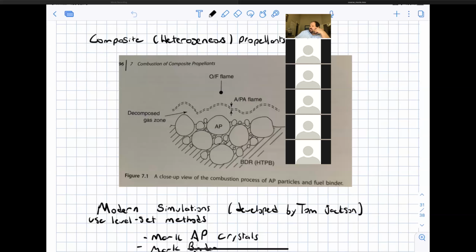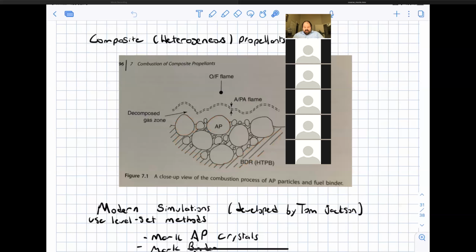Okay, but the last couple topics for propellant combustion is we will just briefly discuss heterogeneous propellant combustion, or composite propellant combustion. And recall that a composite propellant is not homogeneous, in that there is a binder, which is HTPB, that basically locks a bunch of oxidizer crystals in place, usually ammonium perchlorate, and also there can be some aluminum particles in the propellant as well.